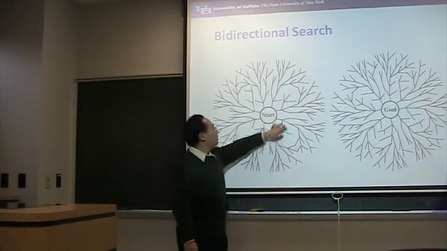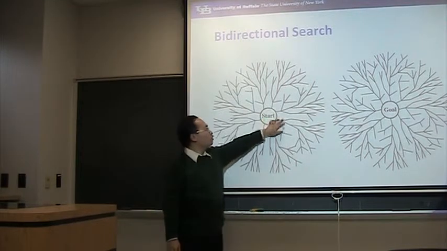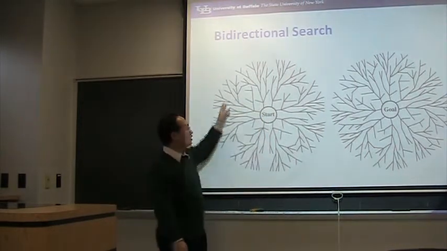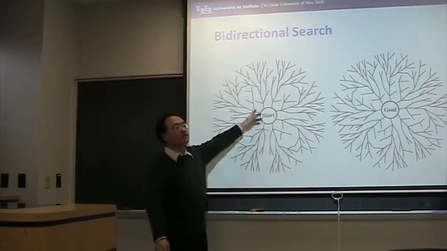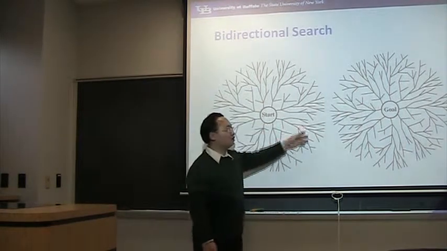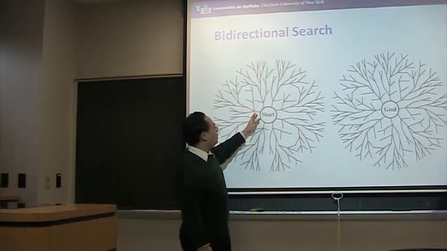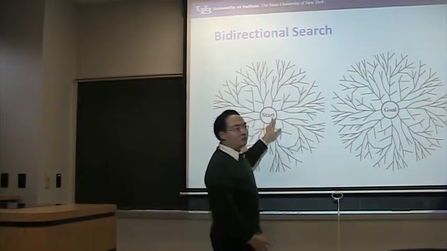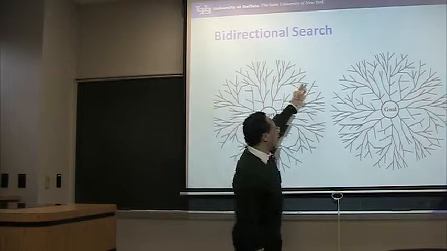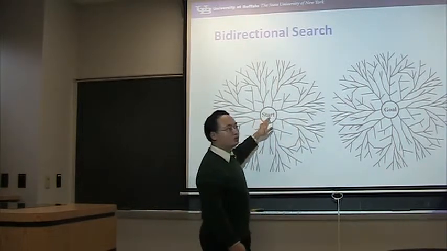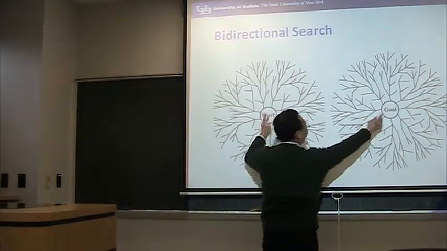Ideally, this tree will form a shape like this. Maybe it's a circle. Let's say it's a circle, so it's creating a tree in a circle. If I create the path using only one processor, I have to search a big circle whose radius is this.